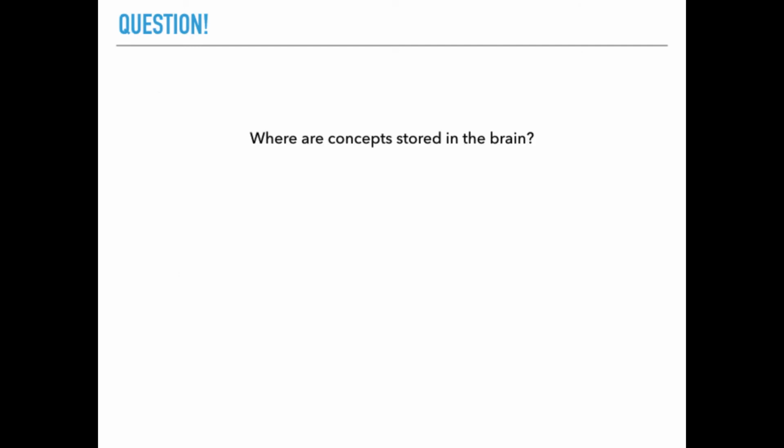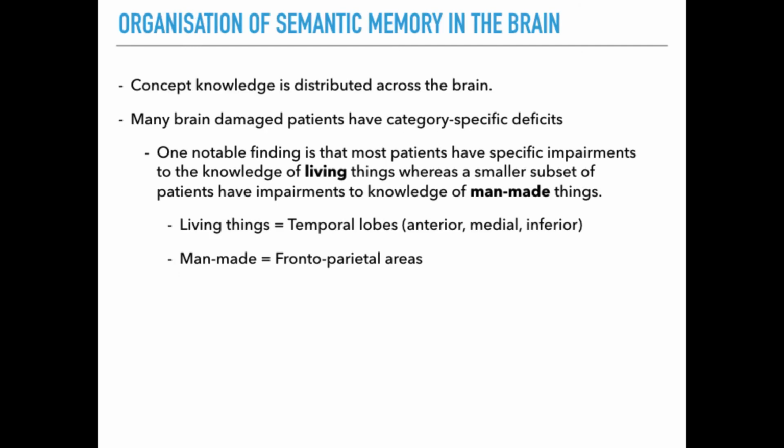Now, it might seem to be the case from spreading activation theory that all of our knowledge of a concept is stored in a single location in the brain. However, this is pretty unlikely to be the case, certainly as far as the evidence from patients with brain damage is concerned. We tend to find that many of them don't have a general impairment of semantic memory. Instead, they typically exhibit category-specific deficits.